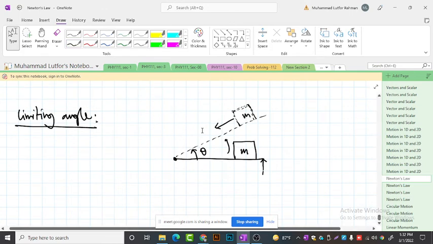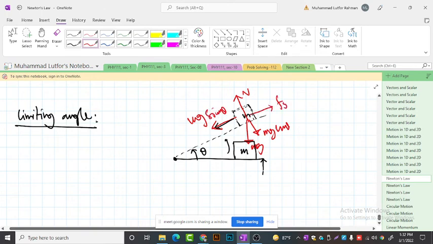Fine. If I draw the free body diagram of that system, this would be my mg, this would be my normal force, this would be my mg cos theta, and this would be my mg sin theta, right? And this would be your frictional force, Fs.